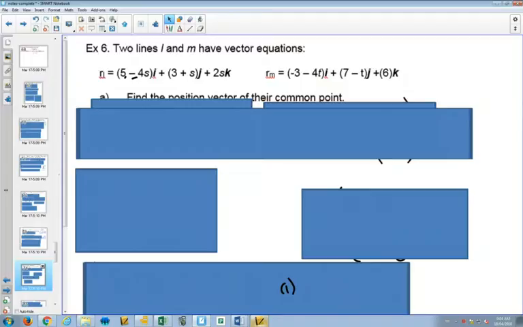Remember that i is always with your x coordinates, j with your y, and k with your z. So your parametric equations here, this one's x equals this, y equals this, z equals this. X equals this, y equals this, z equals this.